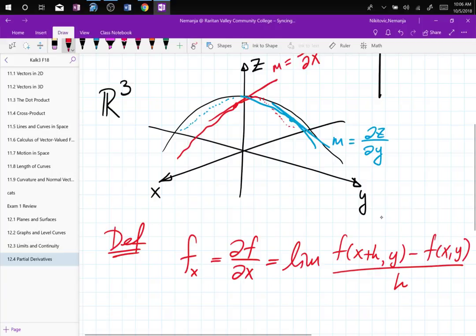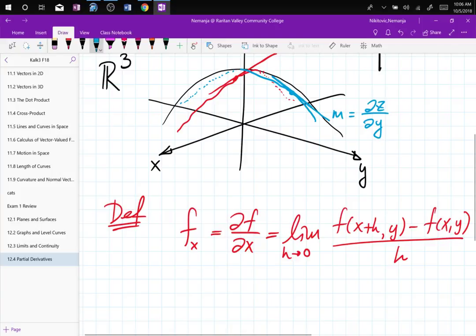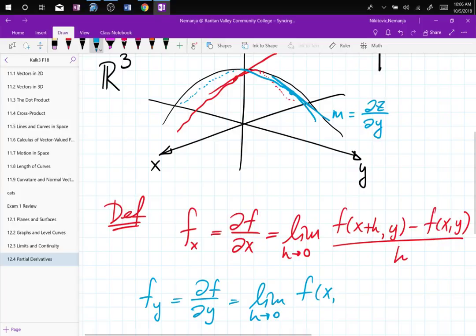This is our standard. And then we have our blue one, which is partial f partial y, the limit as h goes to 0 of f of x comma y plus h minus f of x comma y, divided by h.